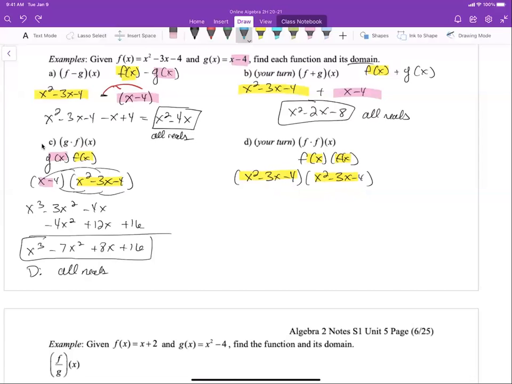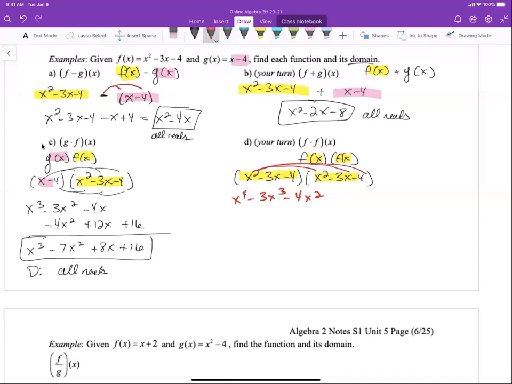And so it's a little bit of a challenge, but it's not something that I'm sure that you can't handle. So I'm going to multiply each term by x squared first, and I will get x to the fourth minus 3x cubed minus 4x squared.